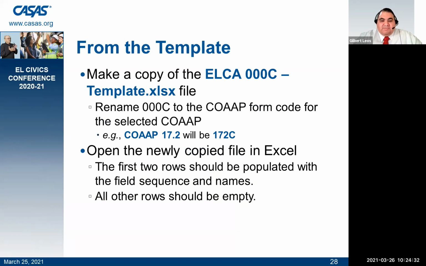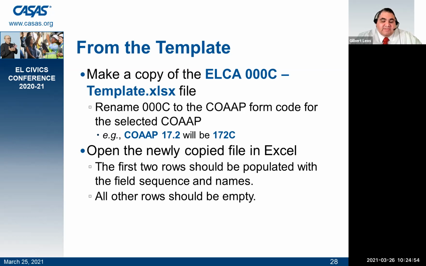Okay, so assuming you have a copy of the template, what you're going to do is make another copy of this template, which will be called ELCA 000C-template.xlsx. And you're going to rename the 000C to whatever COAP form code you have selected.